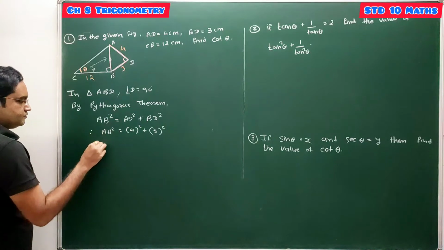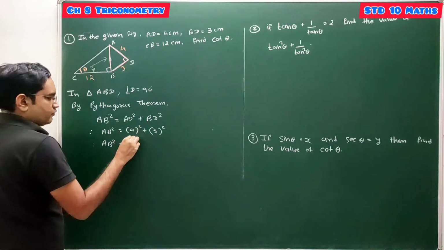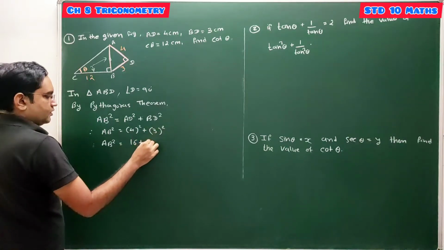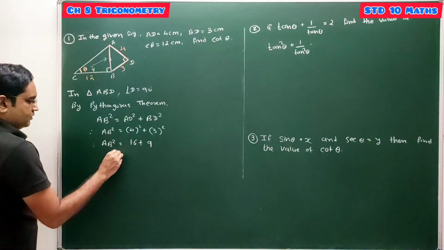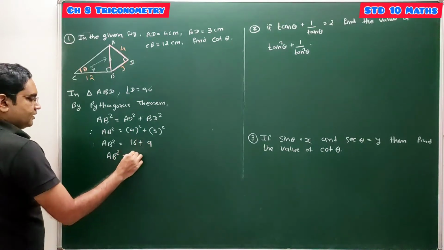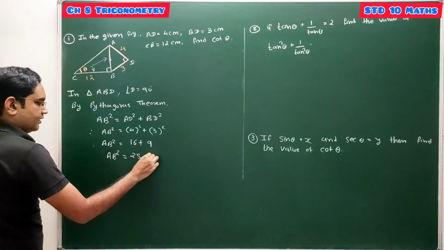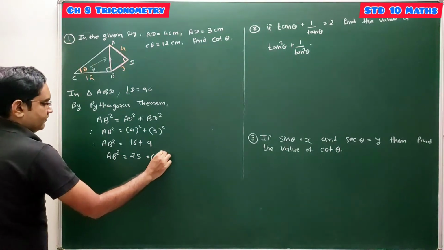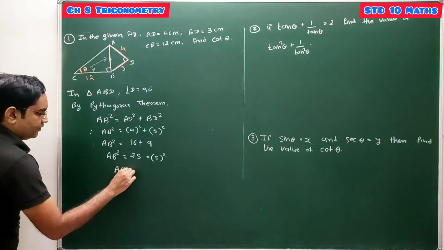Therefore our AB square is equal to 4 square 16, 3 square 9. Therefore AB square equal to 16 plus 9, 25. So AB square equal to 25 is the square of which number? 5 square. So taking square root on both sides, we get AB equal to 5.